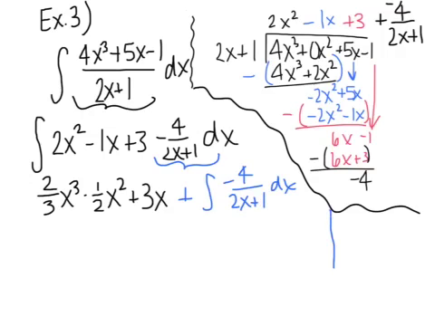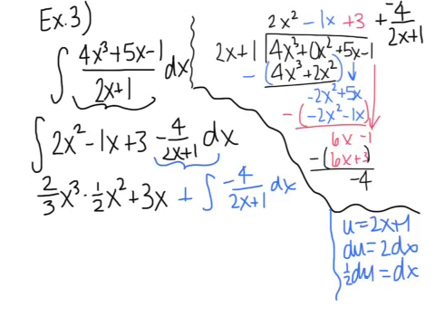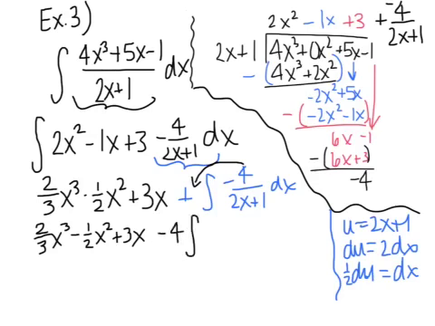So what would my u substitution be? U would be 2x plus 1. Du would be 2 dx. So dx would be 1/2 du. So I would keep all this. I'm going to take my 4 and I'm going to pull it in front. And that's going to give me 1 over u. Dx is 1/2 du.